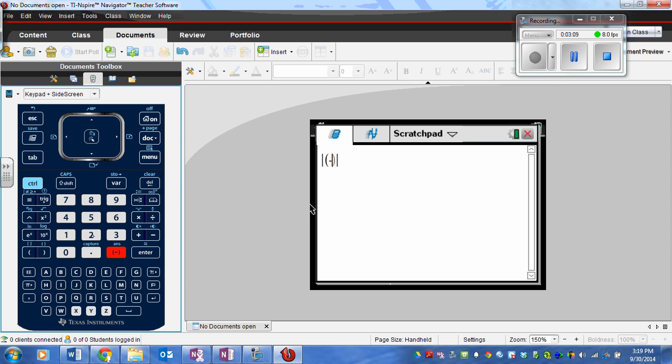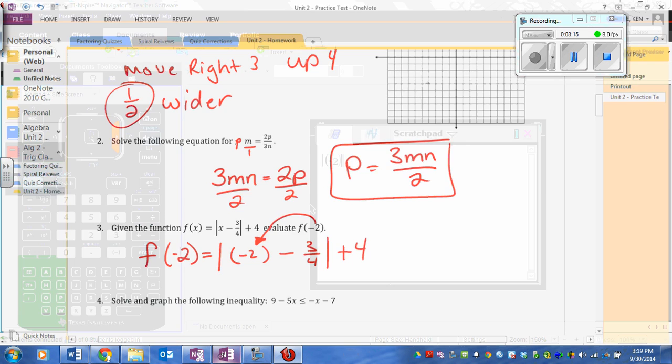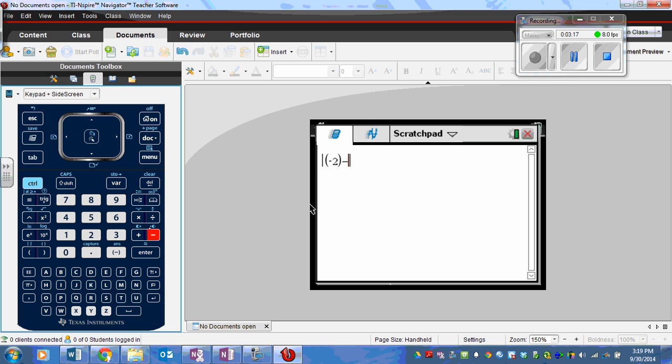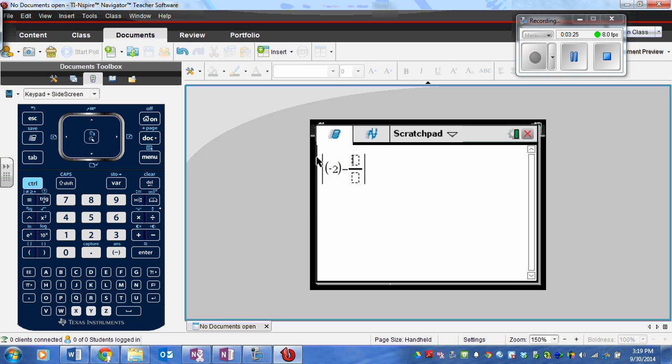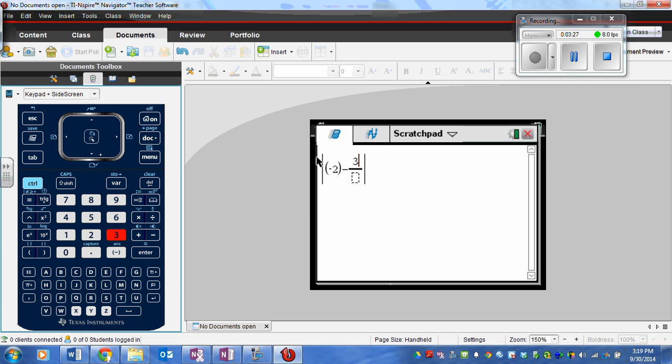Parentheses -2. -3/4 minus control division 3 over 4 plus 4. You make sure that looks exactly right.